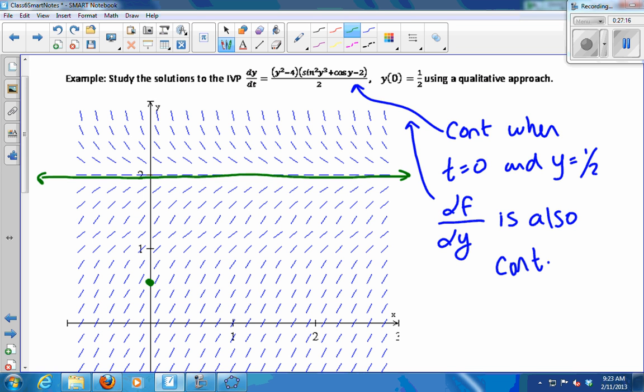Can't cross it, so I know that I have to follow the slope fields, and I'm going to approach the equilibrium solution without crossing it.